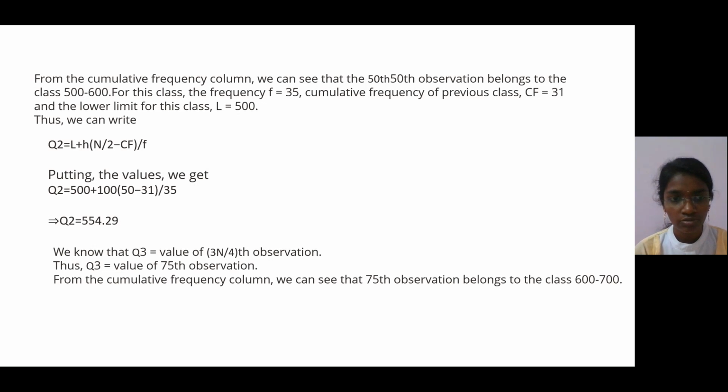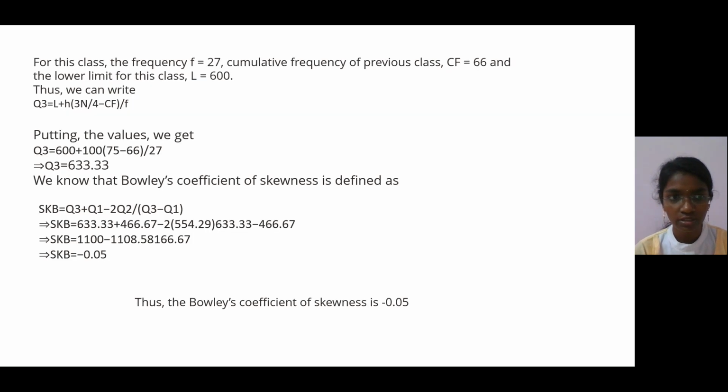We know that Q3 is the value of the 3n by 4th observation, thus the 75th observation. From the cumulative frequency column, we can see that the 75th observation belongs to the class 600 to 700. For this class, the frequency f is 27, the previous class cumulative frequency CF is 66, and the lower limit L is 600.